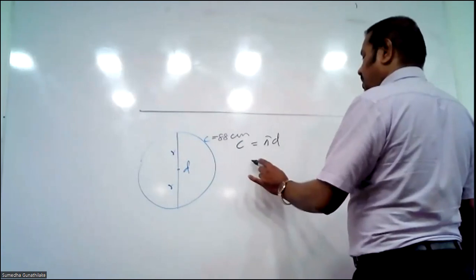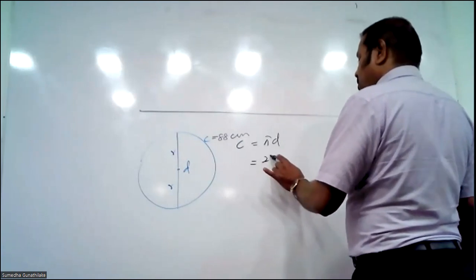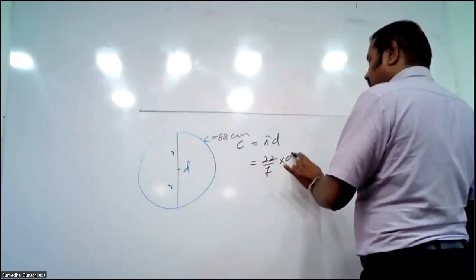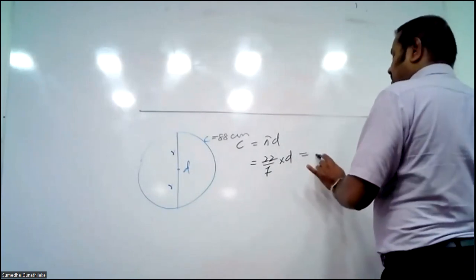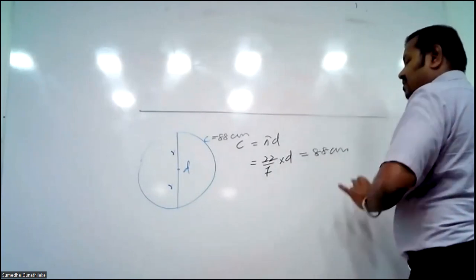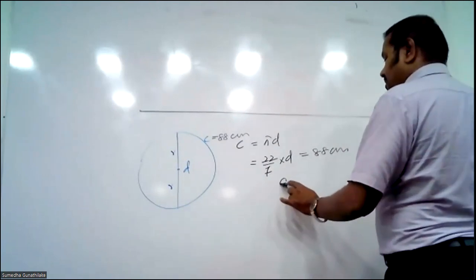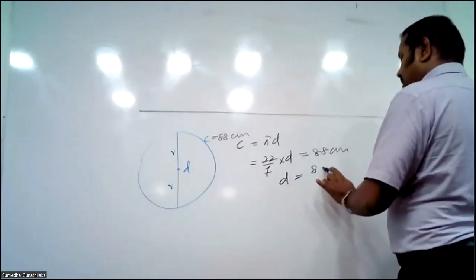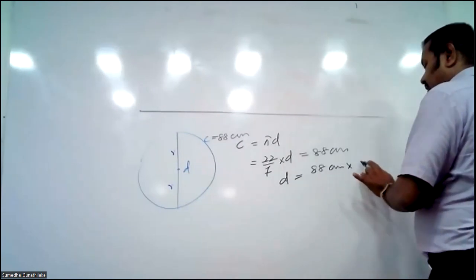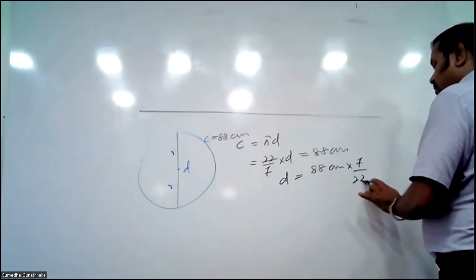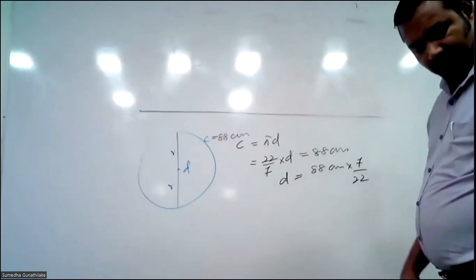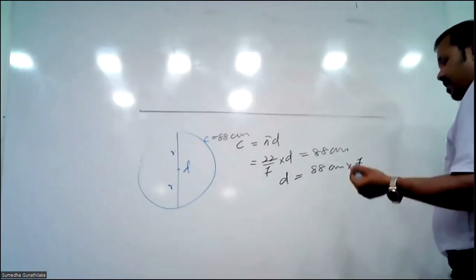And π is 22 upon 7, so 22 upon 7 into d equals 88 centimeters. Then we can make d the subject: 88 divided by 22 over 7.